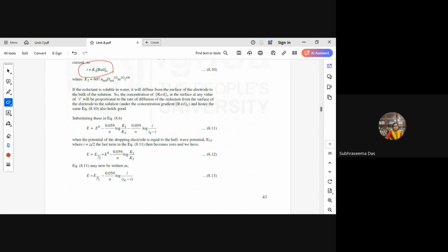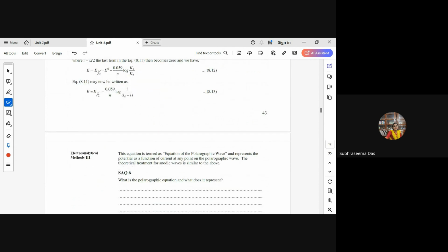So if the reductant is soluble in water, it will diffuse from the surface of the electrode to the bulk of the solution. As the concentration of the reductant varies with the value of I, the equation is further changed to E is equal to E half minus 0.059 by n log of I by ID minus I. The equation 8.13 is termed as the equation of the polarographic wave, and it represents the potential as a function of current at any point on the polarographic wave.